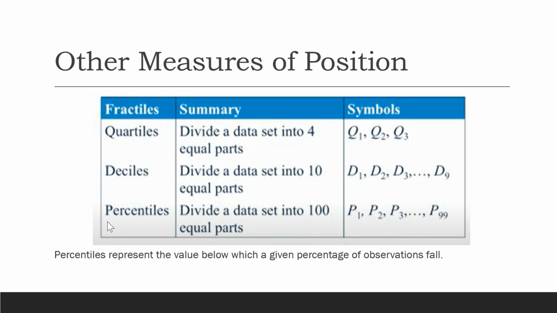So if I have a child that's scoring at the 75th percentile, that means that child is scoring better than about 75% of the population of children who've taken that test, or the norm reference group if it's a norm referenced exam.